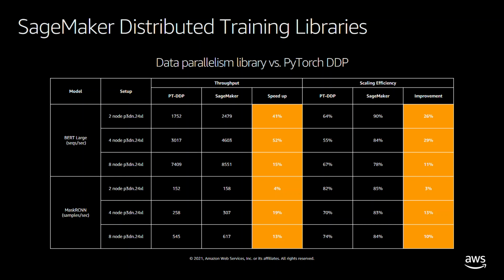And you can see in the orange columns that SageMaker's libraries provide a significant speedup and achieve almost 90% scaling efficiency when you add additional nodes. So if you are looking to reduce the training time of large machine learning models on large data sets, perhaps check out these distributed training libraries.